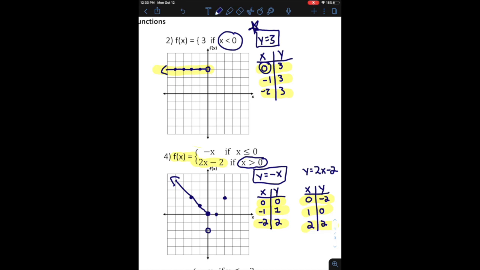As you could see, this is 1, 0. As you could see, we're going to continue getting points going up to the right, in which we will then finish that piece of the line, graphing it like so.